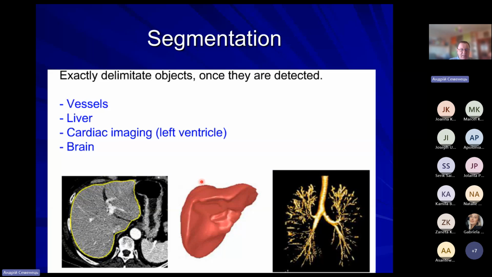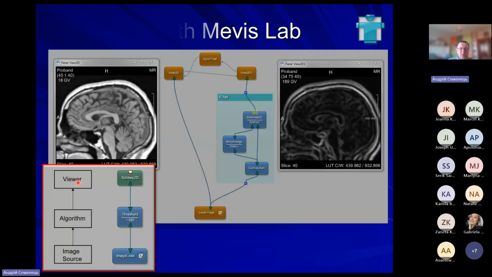The next step after filtering is segmentation, or exactly delimiting objects once they are detected. In this case, it's possible to identify closed areas, which usually represent tissues, organs, vessels, and so on within the human body, like this one. So here are algorithms dedicated to automatically identifying such objects.